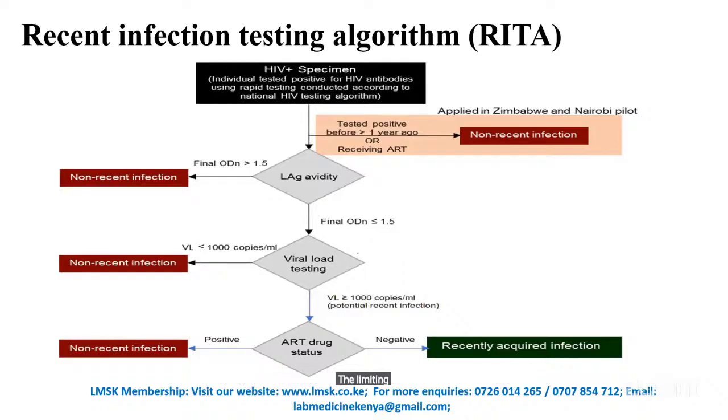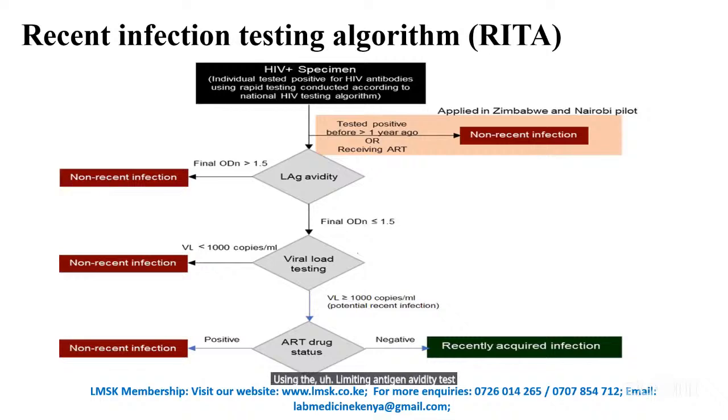Then if the client is a recent infection, then we are going to do the limiting antigen avidity test. The limiting antigen avidity test is an ELISA immunoassay. So we are going to look at the cutoff for any sample which has got an OD of greater than 1.5 using the limiting antigen avidity test.